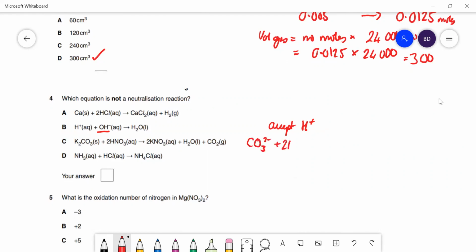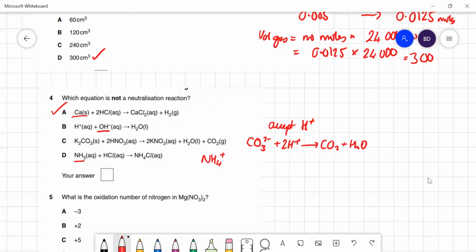That will accept 2 H pluses and form carbon dioxide and water. All the other things are spectator ions. And what's accepting the H plus here is the NH3, ammonia. That accepts an H plus and forms NH4 plus. But here the calcium, yeah, it's neutralizing the acid, but it's not accepting H plus. It's actually giving away electrons to the hydrogen. In actual fact, it's a redox reaction. So A is the answer.